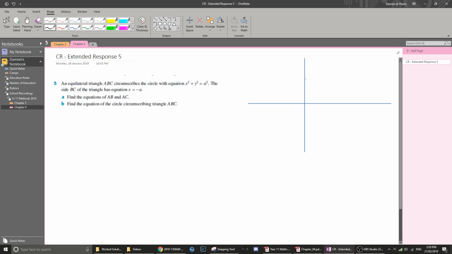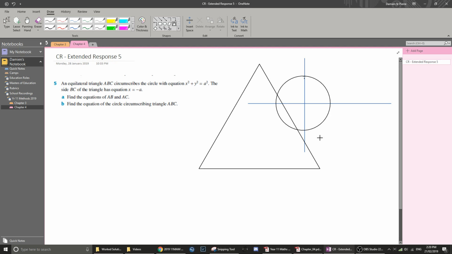Means I have a circle, or a circle-like object. So I have a circle like that, and then I also have an equilateral triangle.